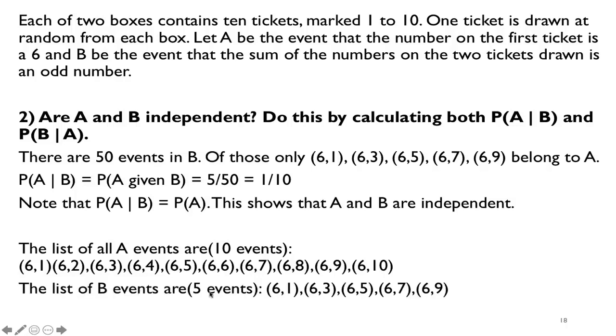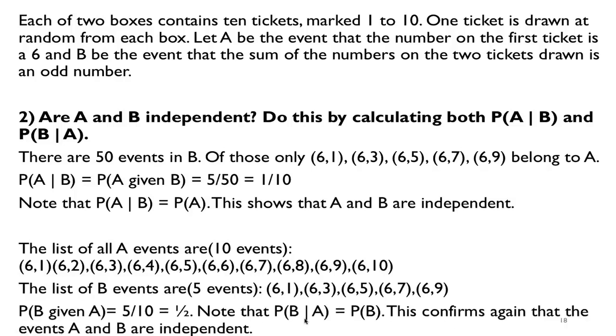Only these 5 events: 6-1, 6-3, 6-5, 6-7, 6-9. So the chance of B given A is 5 out of 10, which is 1/2. So again, P of B given A is the same as P of B. This confirms again that A and B are independent.